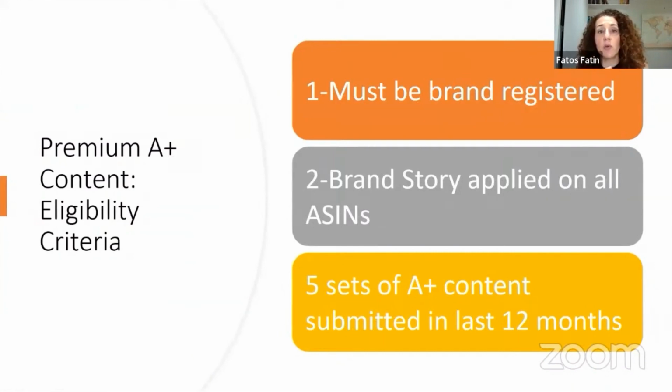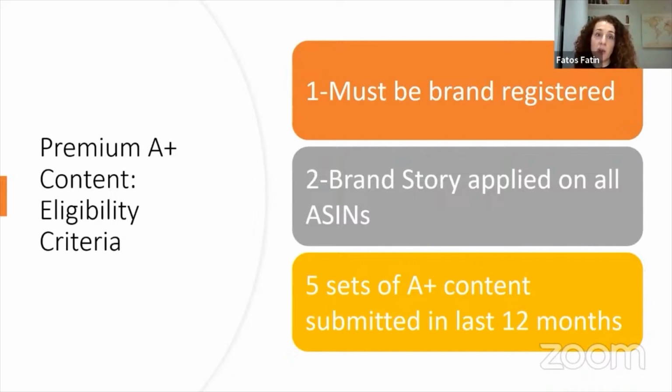So for anybody who doesn't know what the eligibility criteria are, you know, you might think, how do I get premium A+ content? How do I qualify for it? So first of all, you have to be brand registered, which so many sellers are. You have to have the brand story module applied to all of your ASINs. That's the first requirement once you're brand registered.